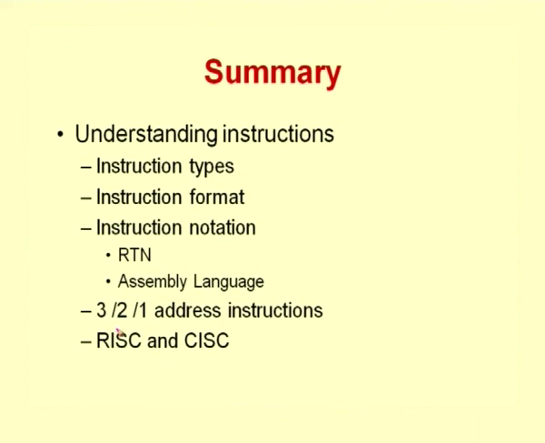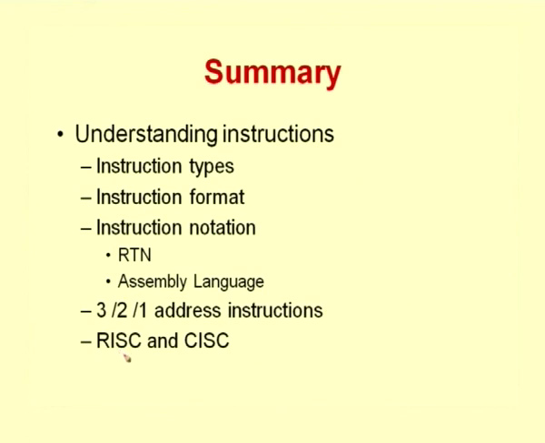We looked at a 3 address instruction, 2 address instruction and 1 address instruction. We also looked at what is a 0 address instruction, but we need to look at some examples of that type. And then we also got the difference between a RISC architecture and a CISC architecture, or rather at least we know what is meant by a reduced instruction set computer and a complex instruction set computer.